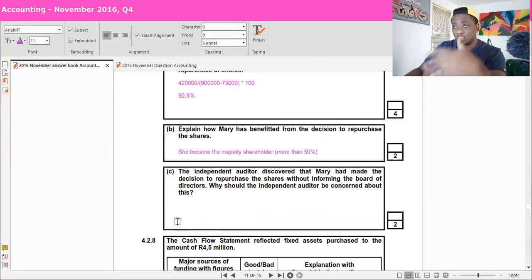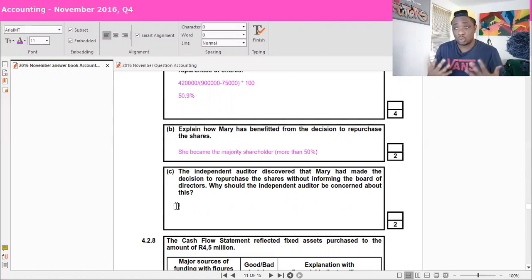And then the question that follows after that says the independent auditor discovered that Mary had made the decision to repurchase shares without informing the board of directors. Why should the independent auditor be concerned about this? Well, firstly, she's the CEO, so she might have sidetracked some of the other board members into making that decision to repurchase the shares.